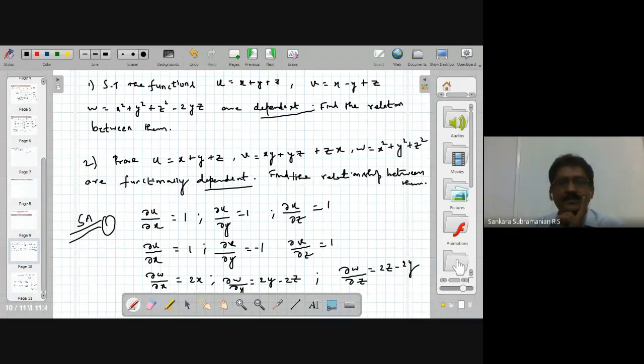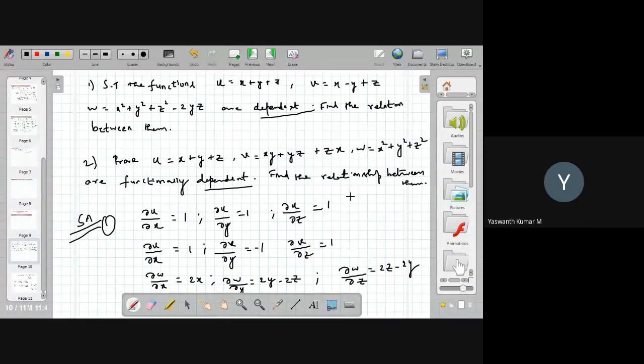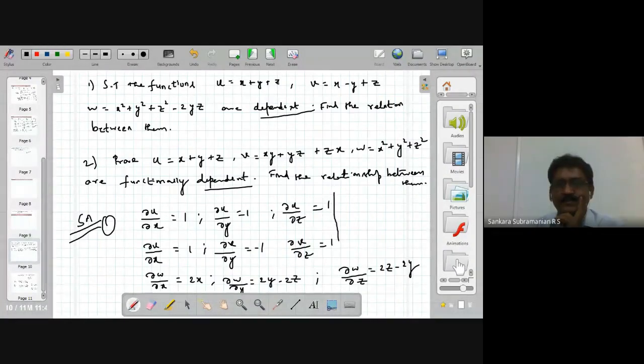So we have to find the Jacobian of the variables u, v, w with respect to x, y, z.